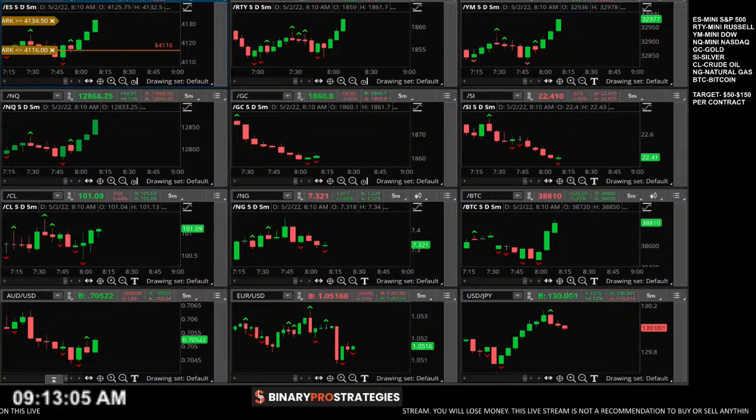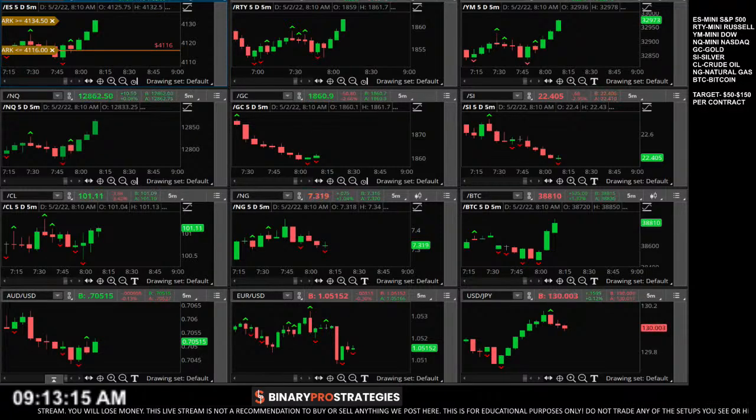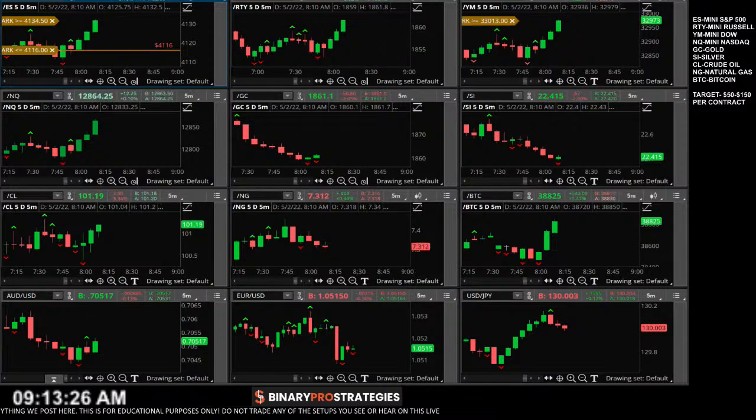Also, the YM went long. We did get triggered on that buy on YM, which is your mini Dow. Target on that is going to bring us up to 330.13. Reversal is going to bring us down to 328.63.